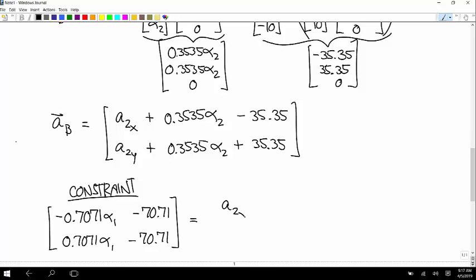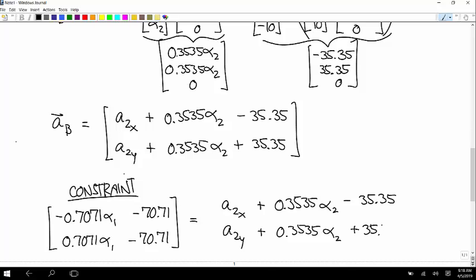So that's A2X plus 0.3535 alpha 2 minus 35.35. And then the Y equation, A2Y plus 0.3535 alpha 2 plus 35.35.